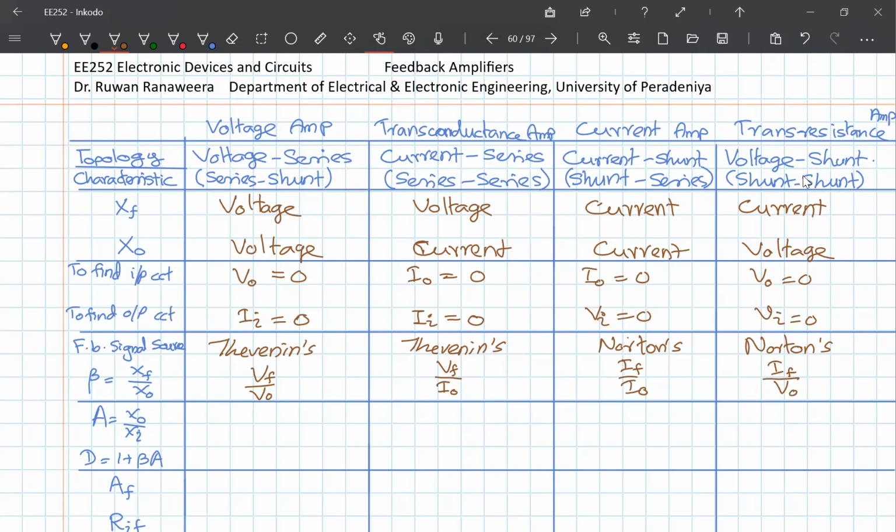And the gain without feedback is the output quantity divided by the input quantity, right?